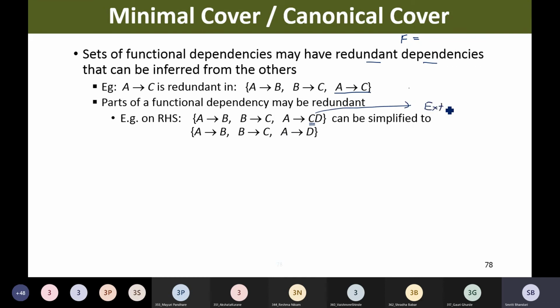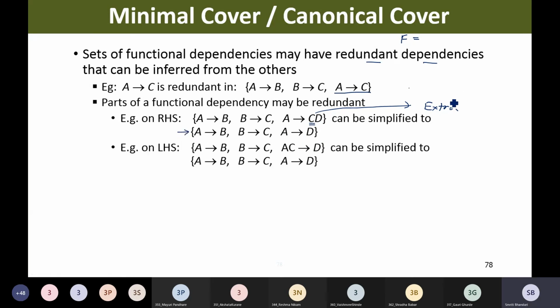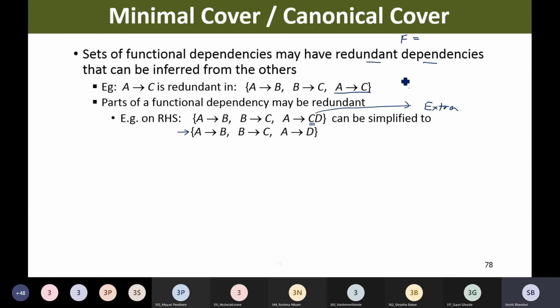This attribute is extra, and even if we do not use it, it is possible to infer A to CD with the help of these three functional dependencies.